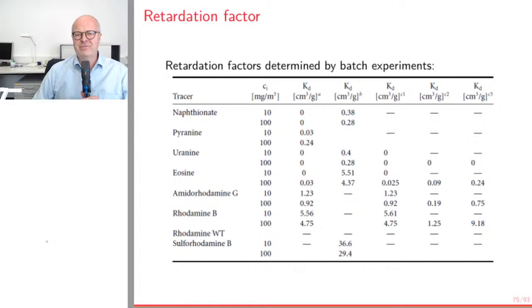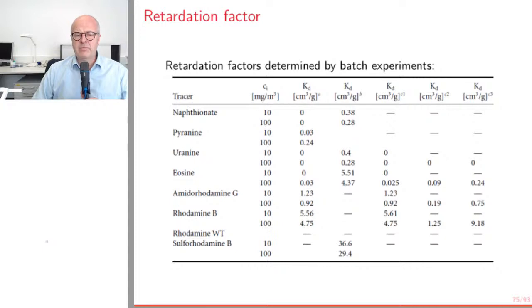And if we have a positive value, it means that we get a retardation. So Uranine is a perfect tracer, as we have shown before, over a range of concentrations.